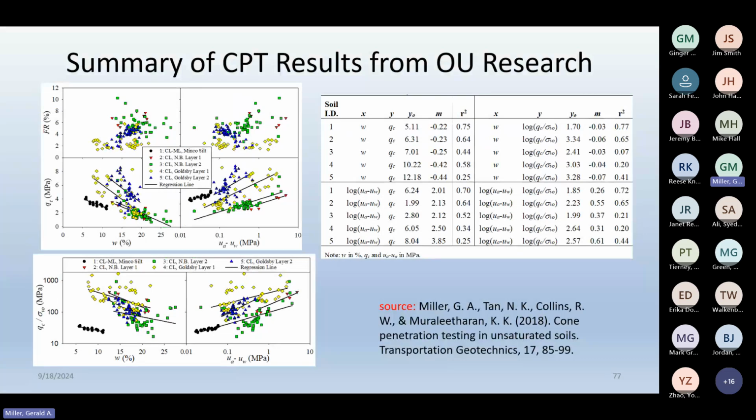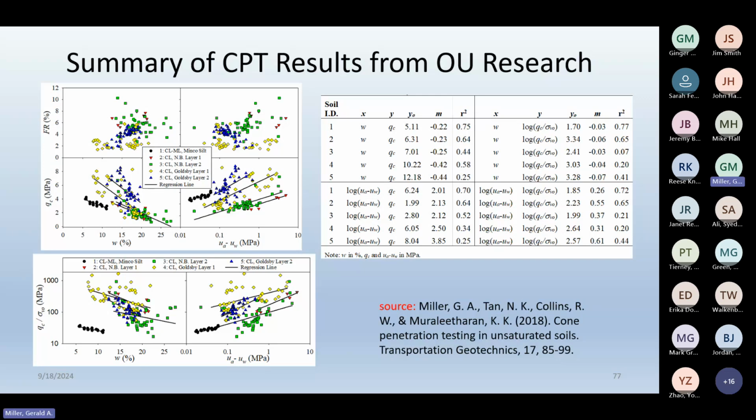In the upper set of 4 graphs, we have tip resistance on the bottom, friction ratio on the top. Going from left to right, we have water content versus tip resistance or friction ratio, and then suction versus tip resistance or friction ratio.